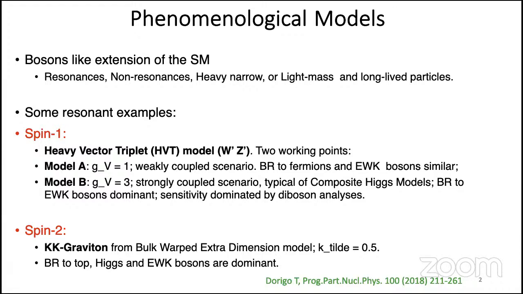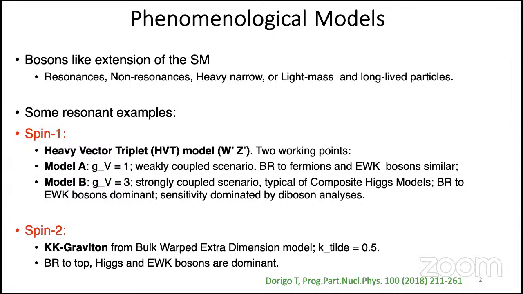In particular, heavy resonances are useful because we can use them to test new physics scenarios with minimal assumptions. Two well-known examples are in the heavy vector triplet framework, where the proposals are W prime or Z prime.